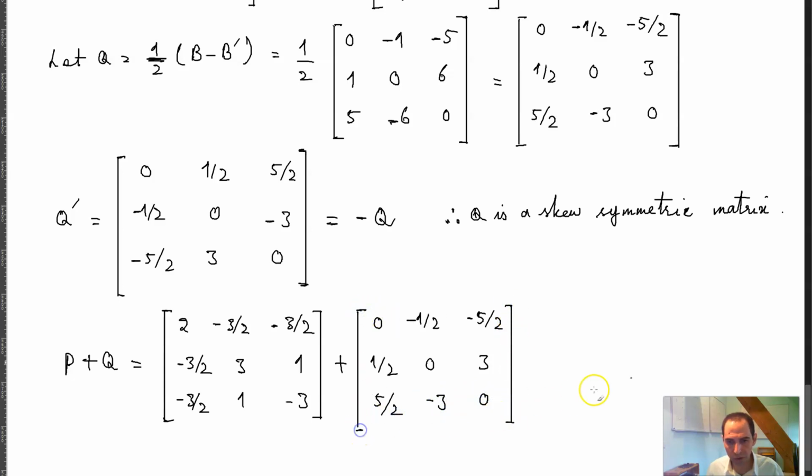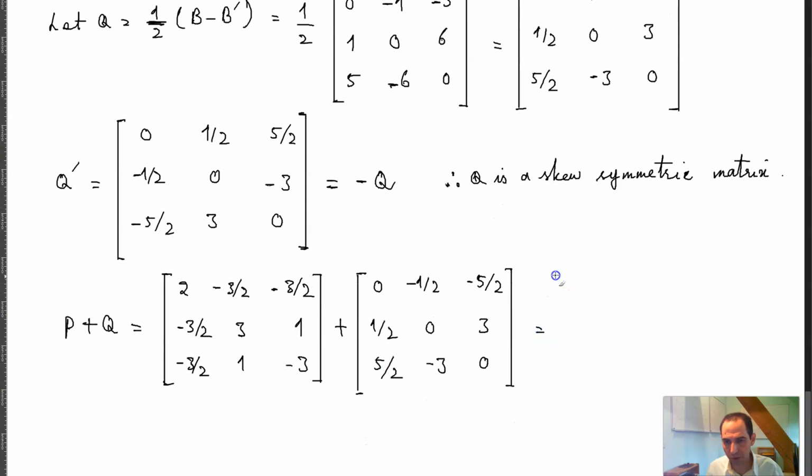If I add these two together, that gives me 2 plus 0 is equal to 2, negative 3 halves minus 1 half is negative 4 halves, which is negative 2, negative 3 halves minus 5 halves is negative 8 halves, which is negative 4, and negative 3 halves plus 1 half is negative 2 halves, which is negative 1. 3 plus 0 is equal to 3, 1 plus 3 is equal to 4, negative 3 halves plus 5 halves is equal to 2 halves, which is equal to 1. 1 plus negative 3 is negative 2, and that's a negative 3, and that is my matrix.